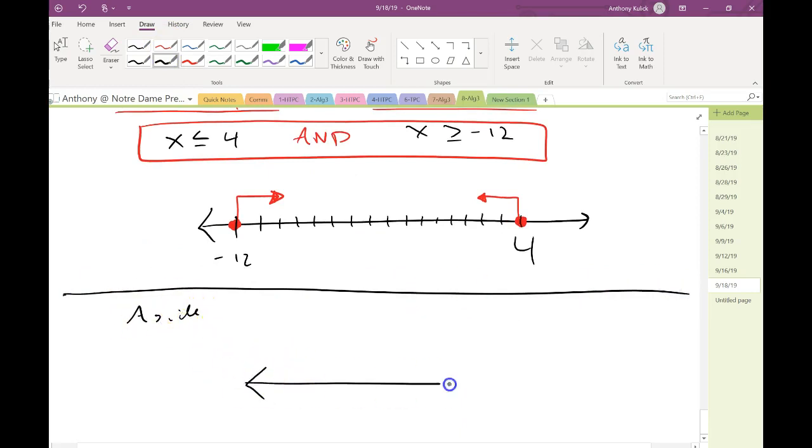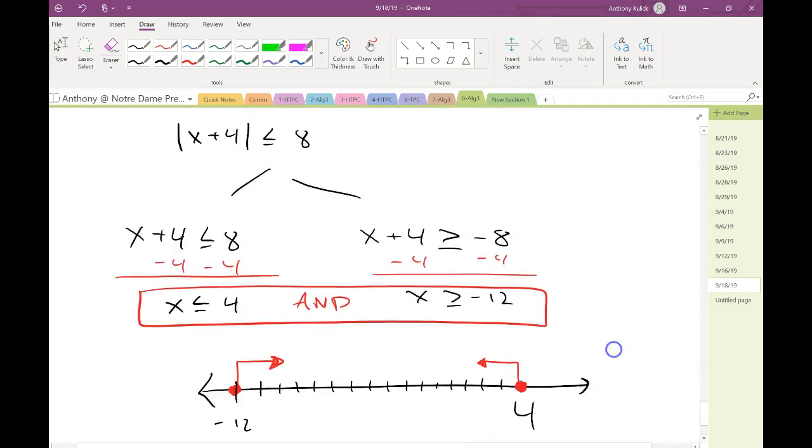So, question. Is it possible to get something like this, where they're both pointing the same direction? Not for us. This likely indicates that you've made a mistake.